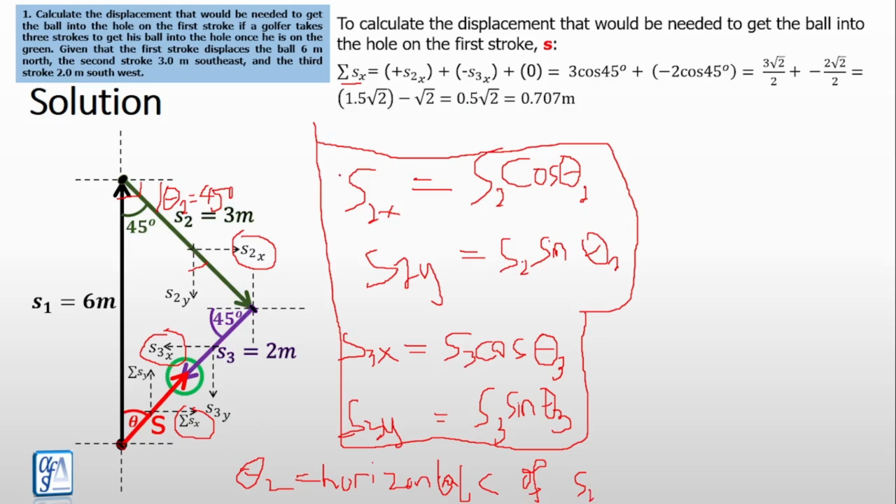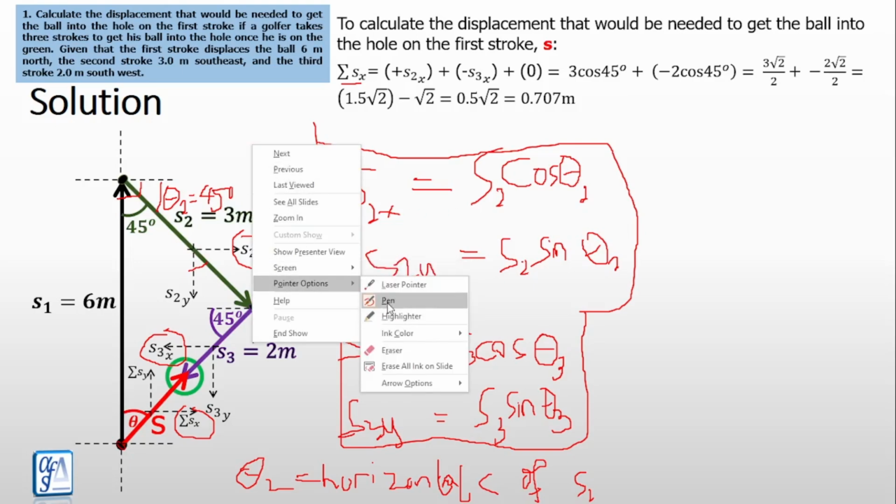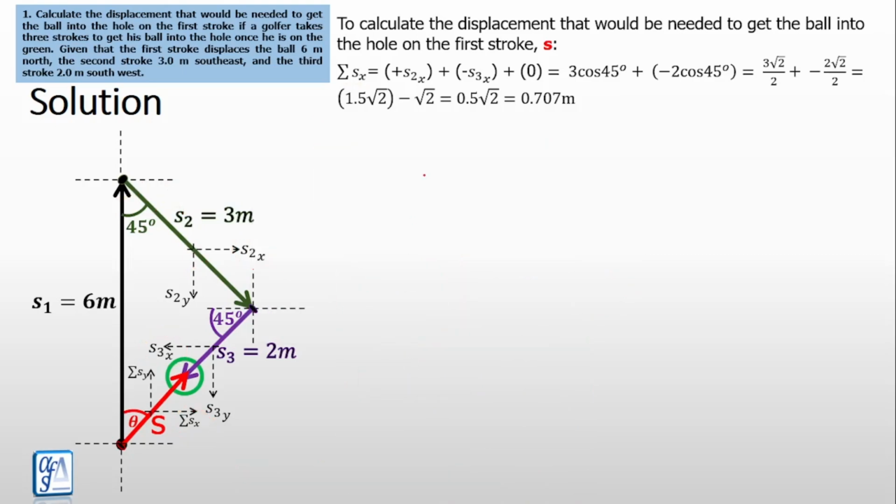All right, so this is what we are doing. So this will form a very clear basis for what we are solving in this question, which is very straightforward. So let's take all this out. Now that this is clear, let's erase all of this. Now, we know that S2x is 3 cos 45, and S3 is moving in the negative x direction, so it is minus S3, being 2 cos 45 degrees.